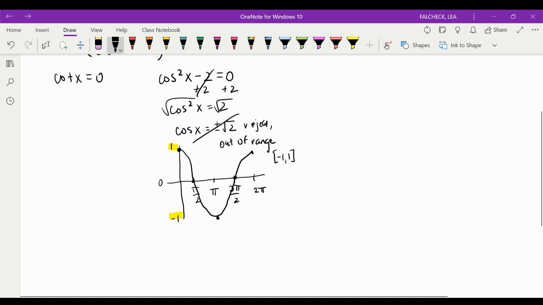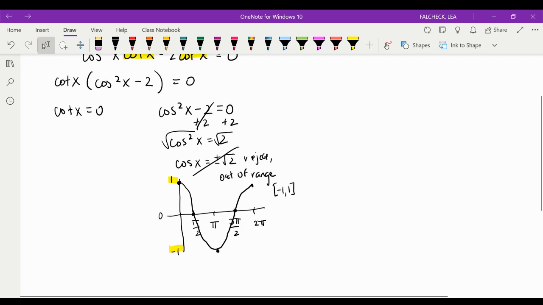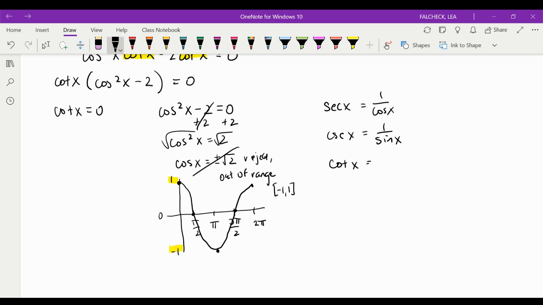Okay. So for the cotangent of x, let's remember our reciprocal identities, right? We can rewrite secant of x as 1 over the cosine of x. We can rewrite cosecant of x as 1 over the sine of x. And we can rewrite cotangent of x as 1 over the tangent of x, right?